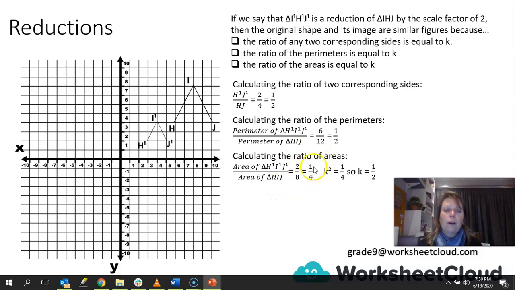And 2 over 8 gives me 1 over 4, but remember that is squared, so if we square root that, we're going to get back to our scale factor, our K, which is also a half. So actually each of these has been enlarged by a half, which means it has been reduced by 2. I hope that makes sense, guys.